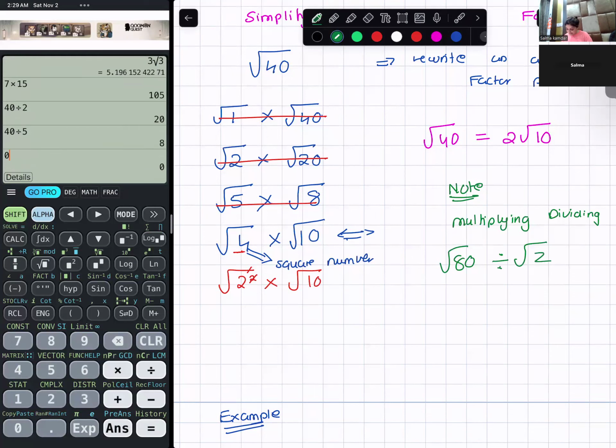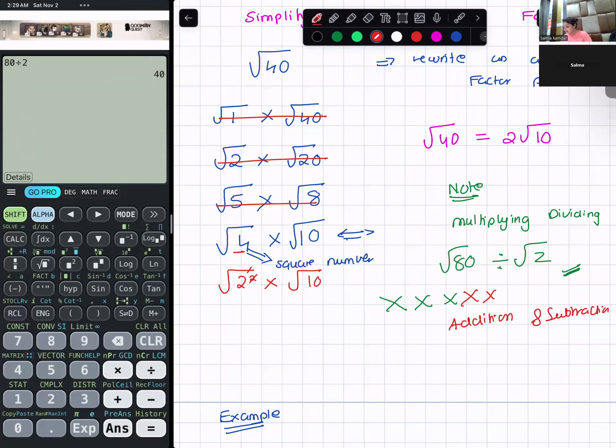If you see 80 divided by 2, it gives you 40. But you should remember this rule does not apply, very, very important, for addition and subtraction.